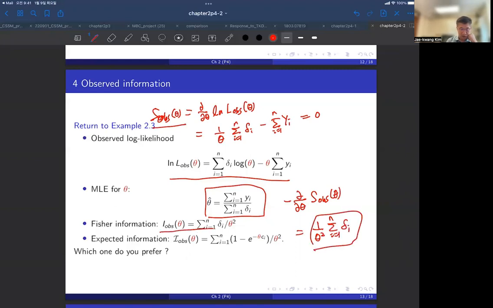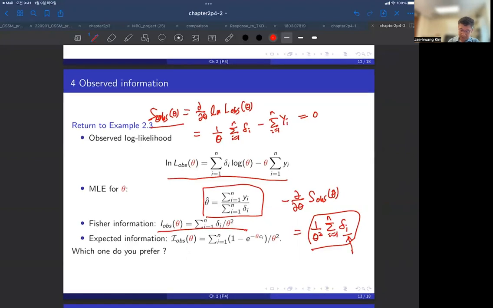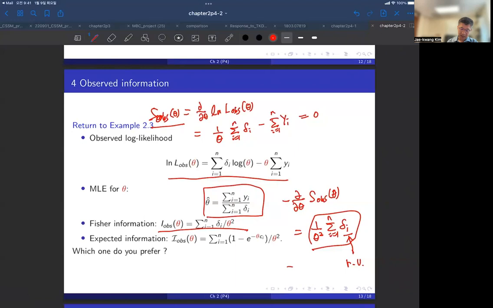This is your observed Fisher information. And then you take, this is a random variable, and your expected Fisher information is essentially the expectation of delta_i. So the expectation of delta_i, you get this.